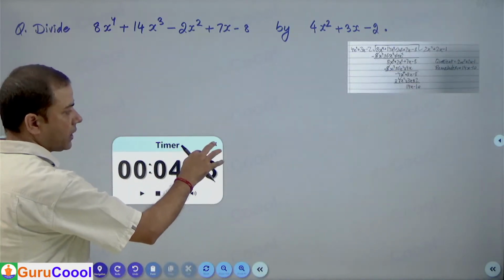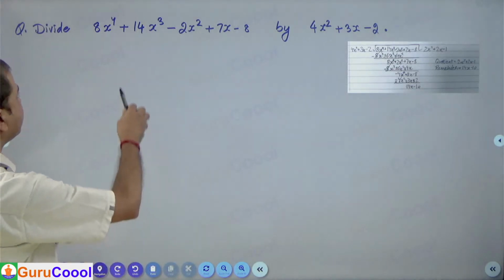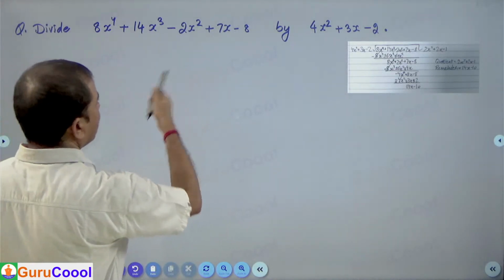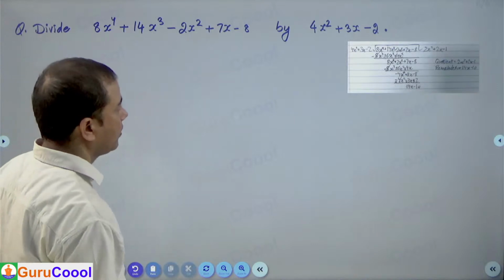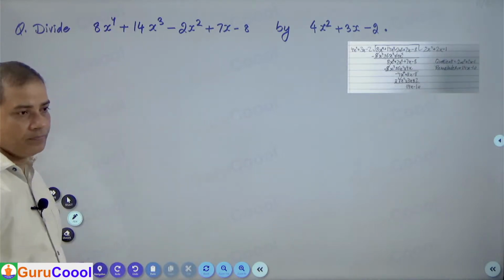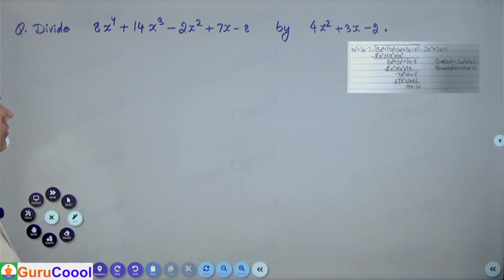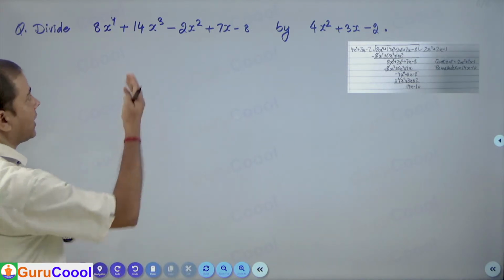David, you did not send. So which one is the dividend? First one or the second one? Which one is dividend? The first one, sir. Why are you wasting the time reading it?